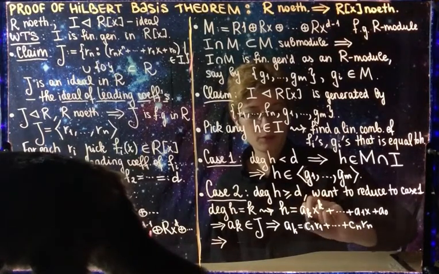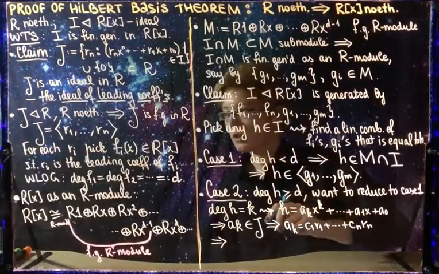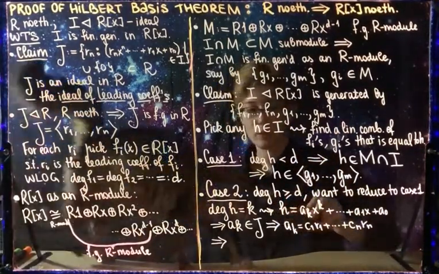And if I subtract the corresponding linear combination of fi's from h, then I will get a polynomial of smaller degree.